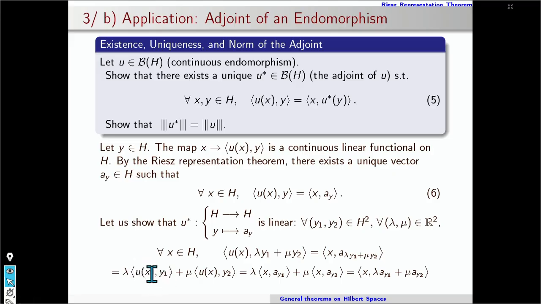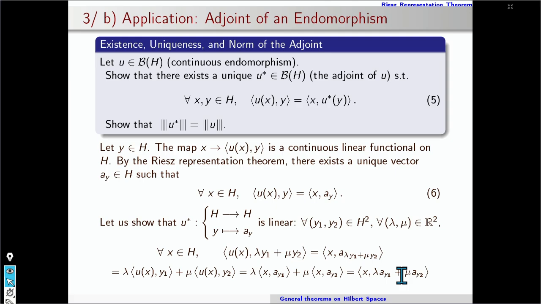Then this factor, again by the Riesz representation theorem, can be written as inner product of X with AY1. And similarly, this factor can be written as inner product of X with another vector. Then, by the linearity of the inner product with the second variable, it can be written again in the same form, inner product of X with this linear combination.